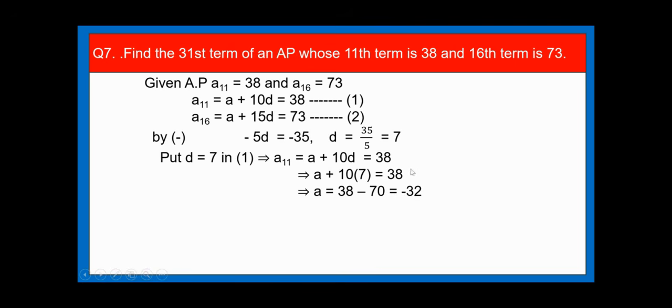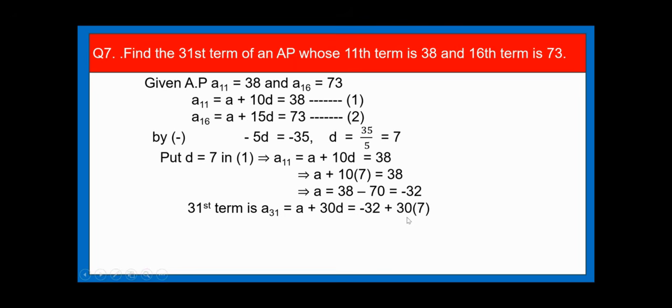Now we have the a value and we have the d value also. If you know the a value and d value, you can find any term. Now I have to find here the 31st term. Therefore, the 31st term is a plus n minus 1, that is 31 minus 1 is 30, into d. Substitute the a value, minus 32, plus 30 into substitute the d value, 7.